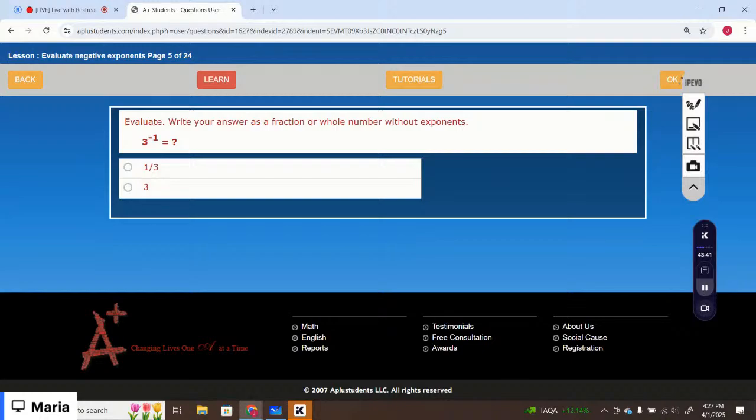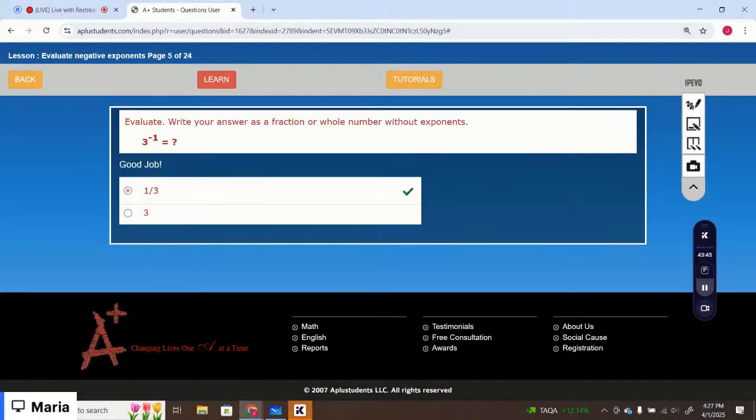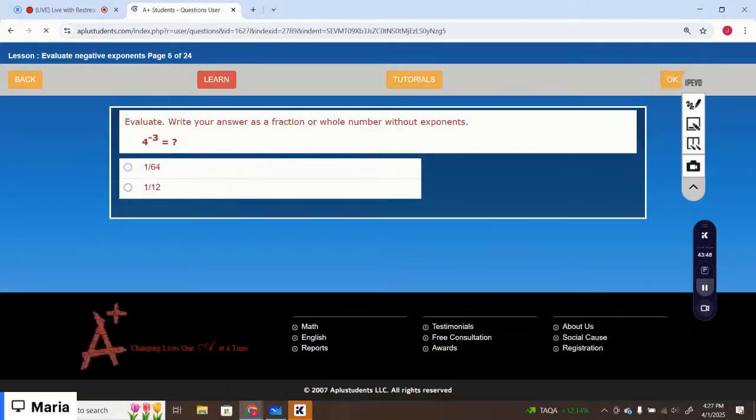Option number 1 is the correct option. 4 exponent negative 3 is 1 over 64.